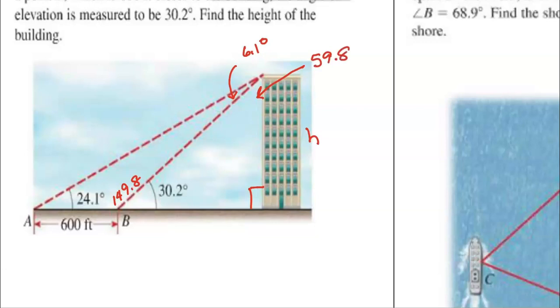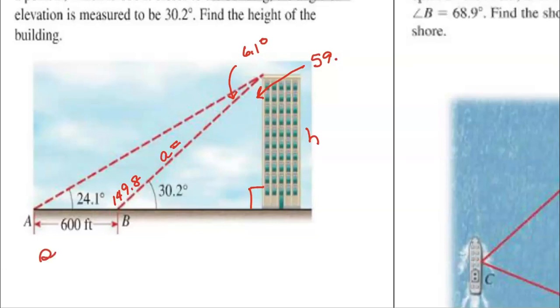So I'm going to use the right triangle next to the building, but I need the hypotenuse in order to solve for the height. To get that hypotenuse, I'm going to use the oblique triangle created by the red dashed lines. In that oblique triangle, I have enough information to use law of sines to find the missing side, this little side a.